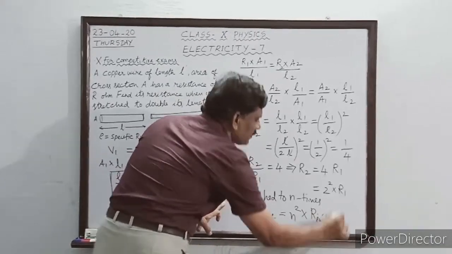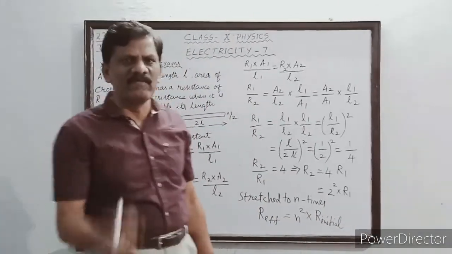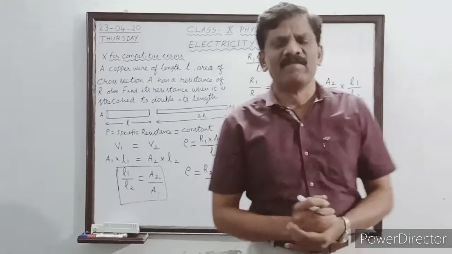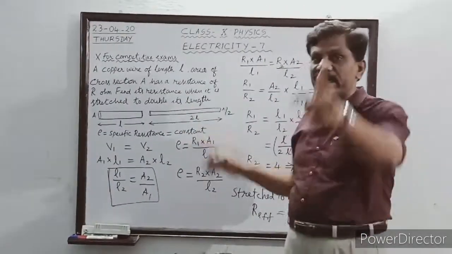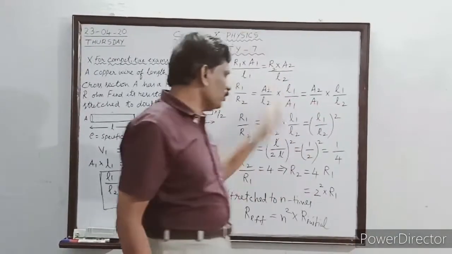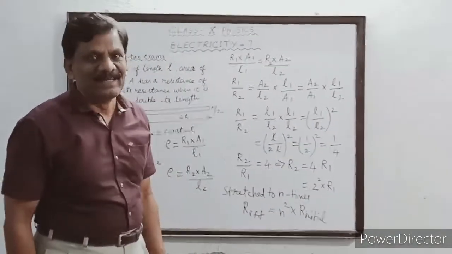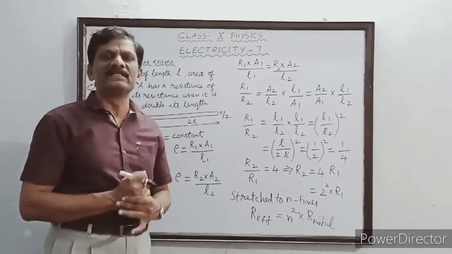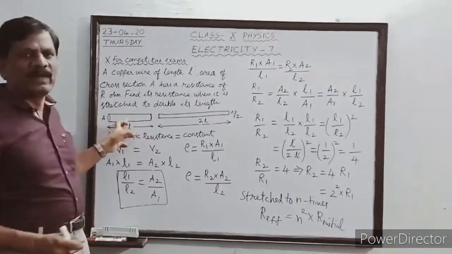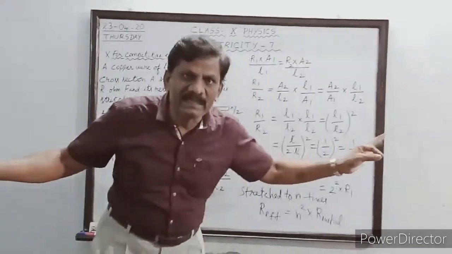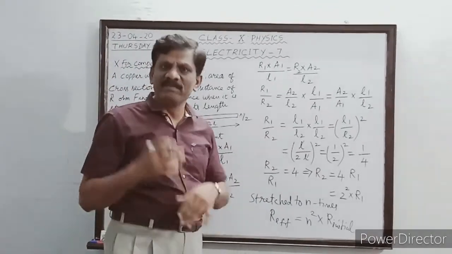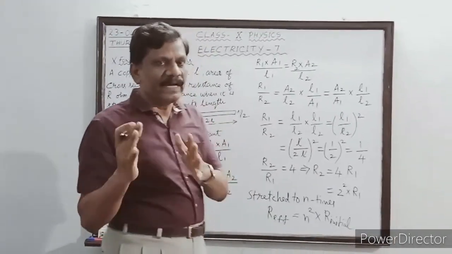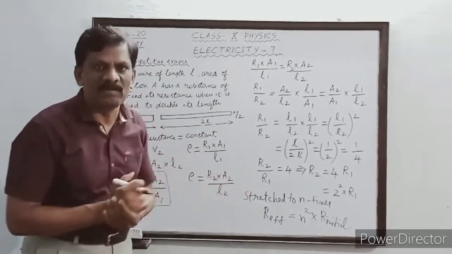This is a very important factor for solving the numerical problems in the competitive exams. Without doing the full solution, we can get the answer. I will repeat once again, my dear students: when a copper wire is stretched to double its length, the area of cross section will be halved. This idea only is used to solve this type of problems.